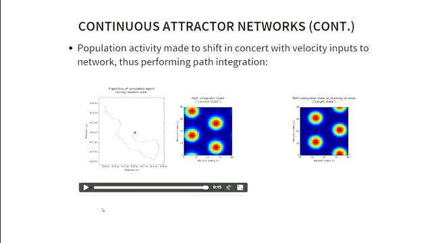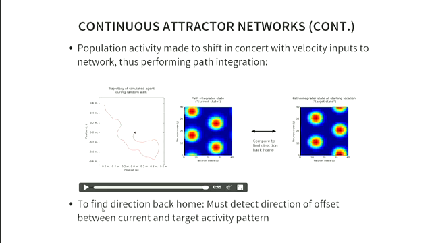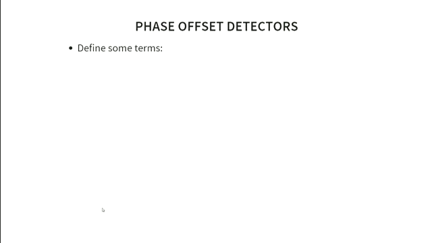So the objective now is to use the information from the current state of the grid cells and compare this to the original state of the grid cells, and then use this to calculate the direction back home. So the job is essentially to compare these two matrices and then figure out in which direction we can find the shortest possible offset between these two patterns. And so to do that, I have introduced a new type of neuron to the system, which I call the phase offset detectors, which I will show you next.